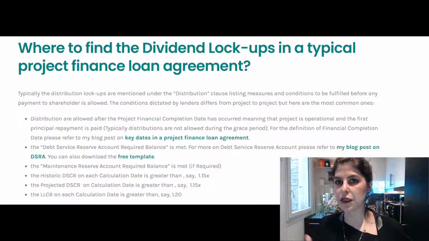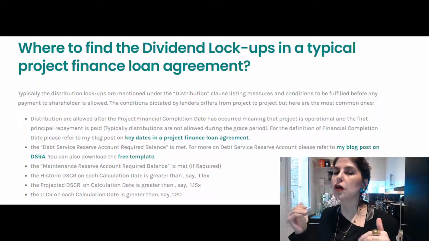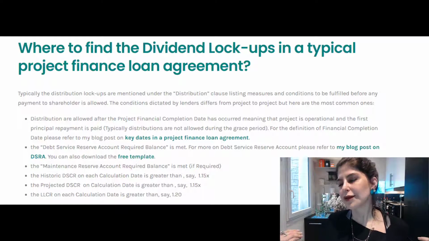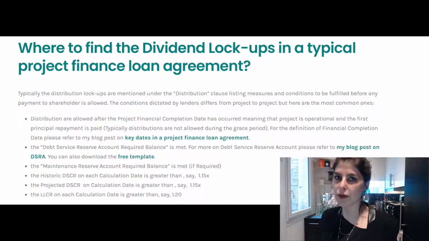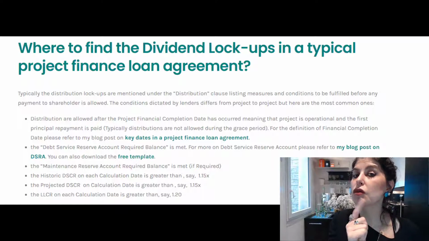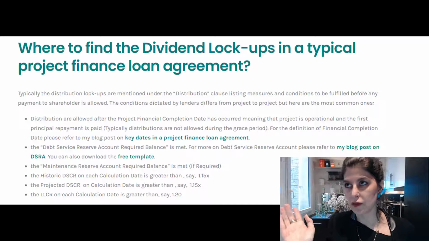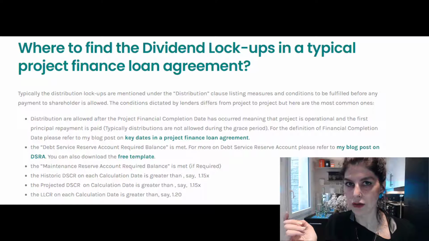Or I have seen cases where it is 12 months post commercial operation date or 6 months post commercial operation date. That depends on the project, but most of the time there is a specific date. So you need to consider that it's not like you can distribute dividends as soon as you have some profit. That's not the case.